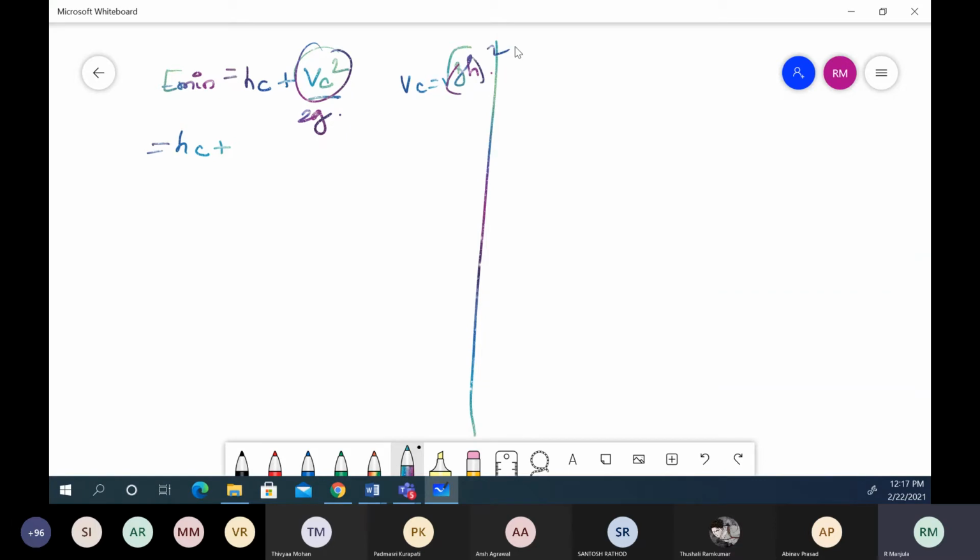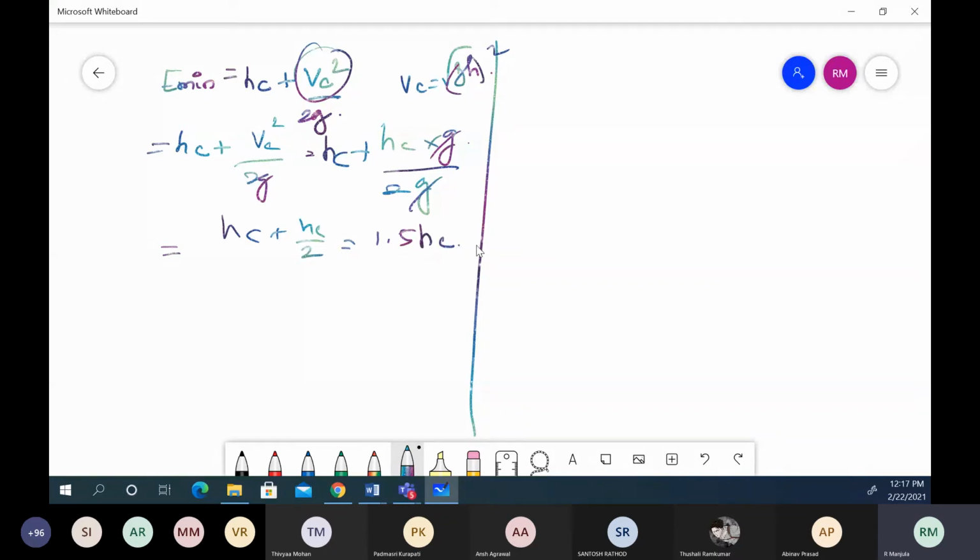In that case I will be getting Hc plus Hc into g divided by 2g, or Hc plus Hc by 2, which is going to be 1.5 times Hc.